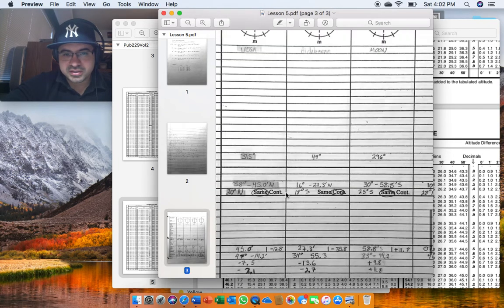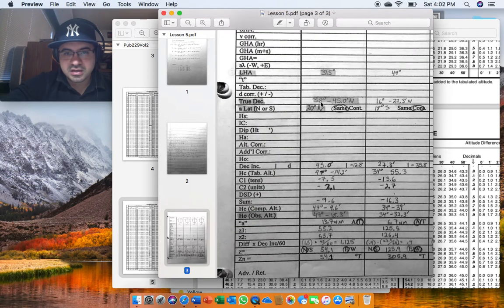So we are going to take the C tabulated altitude, right? This, and we're gonna apply all the sums, and we get 47 degrees 4.6. So we take 14.2 minus 7.5 minus 2.1. It is 4.6. Yeah, 47.